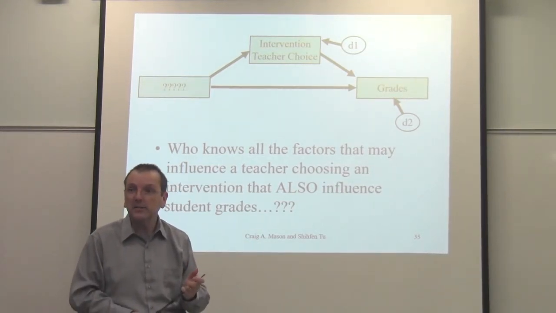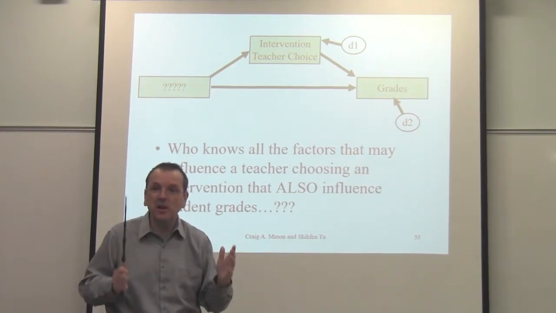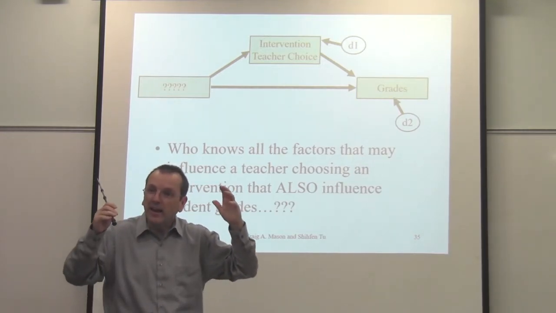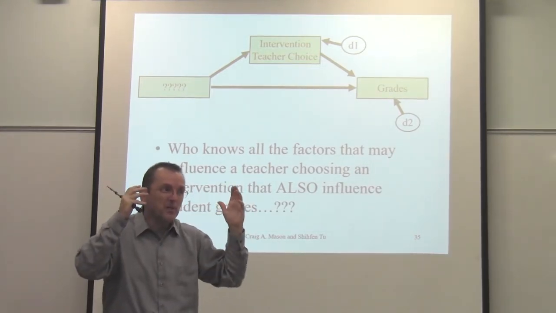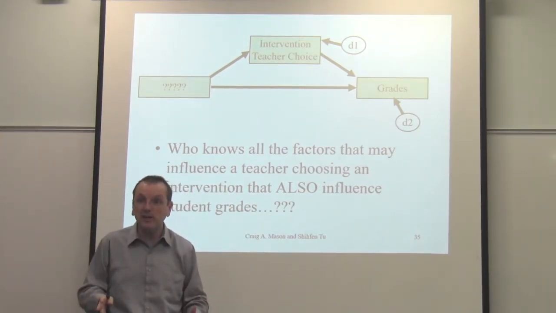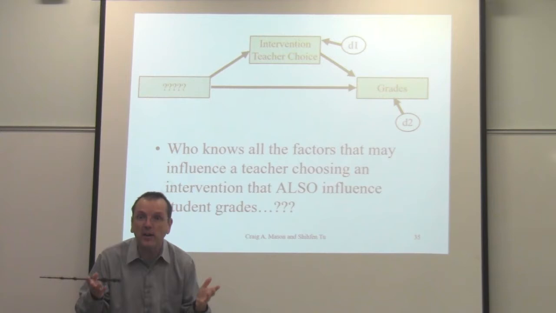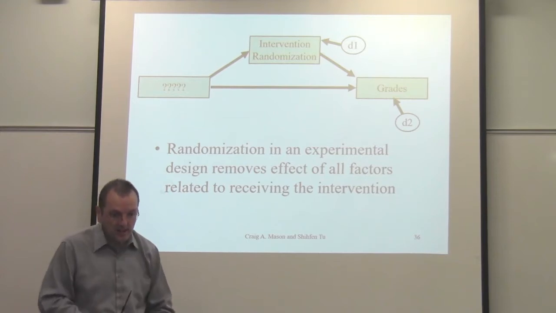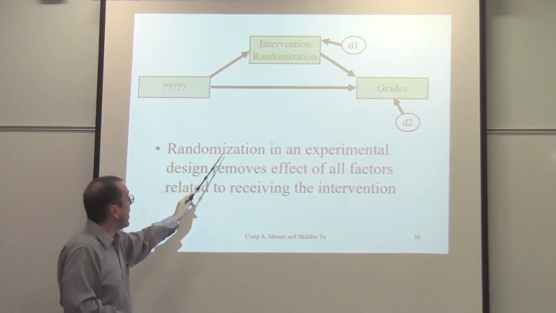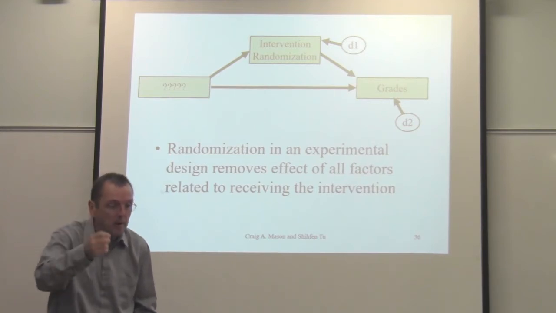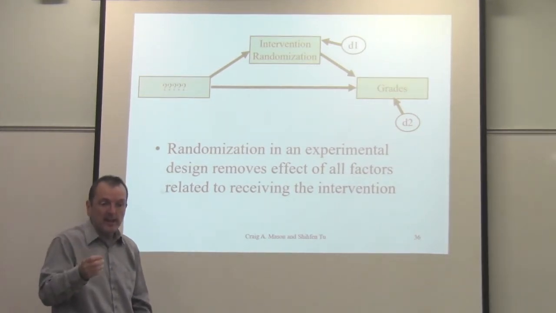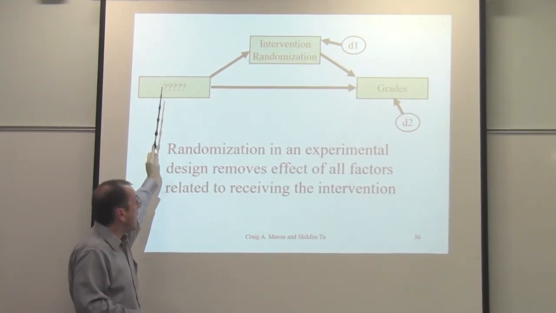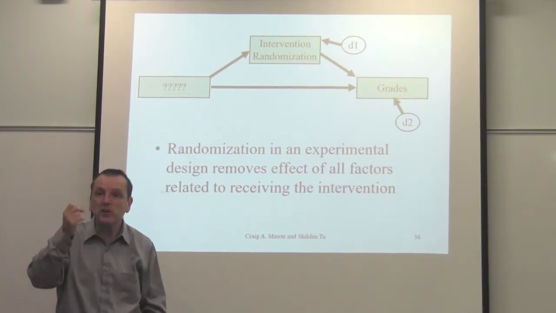This is why we love random assignment, and why you will see people like me begging and pleading and whining and cajoling teachers and principals and superintendents and faculty to do a random assignment. Because, think about it, the beauty of that true experimental design with randomization is the randomization removes the effect of all the factors related to whether or not a child gets the intervention.